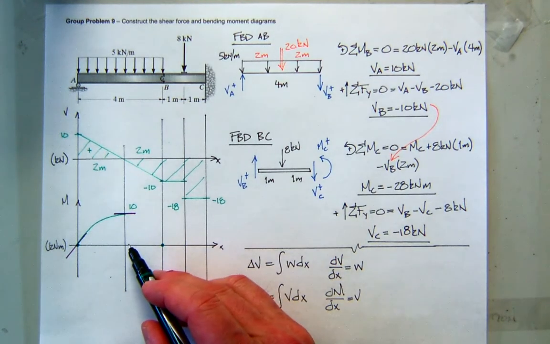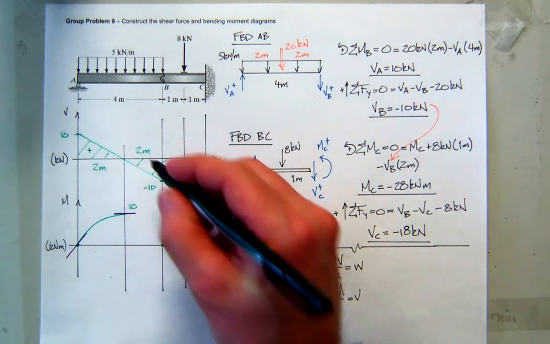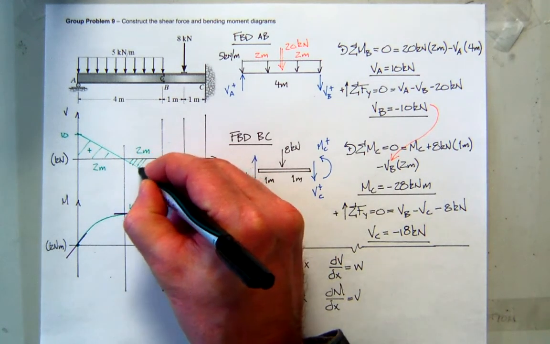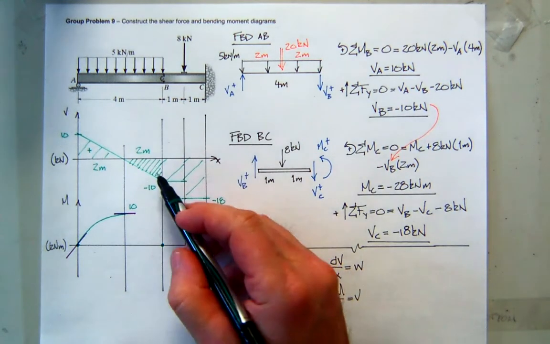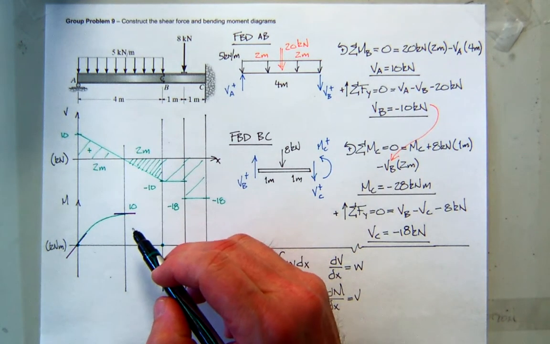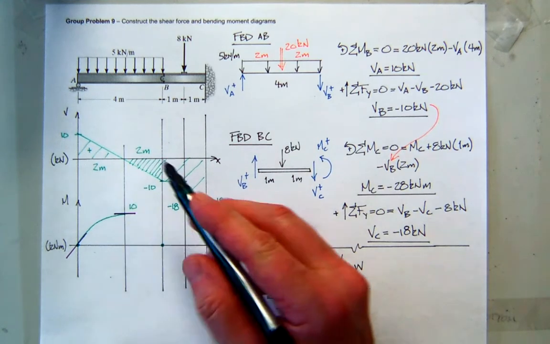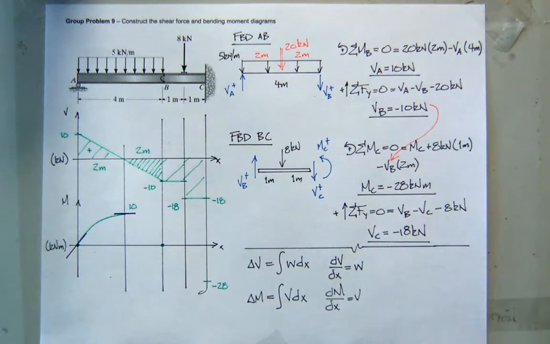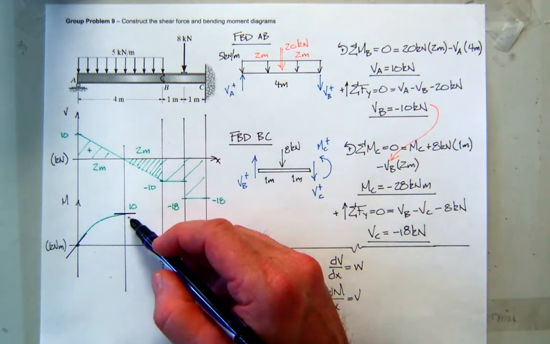Now the change in moment from 2 to 4 meters, this region, is the area of this part of the curve. I'll distinguish that with a little finer hatching. What's the area of that curve? Well, it's a triangle. 1/2 base times height. So that's minus 10. 10 minus 10 is 0. And what is the slope of the moment diagram? It's the shear. What's the shear value here? 0. 0 slope.